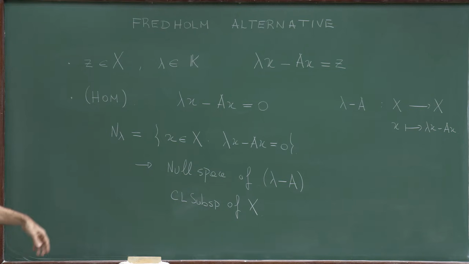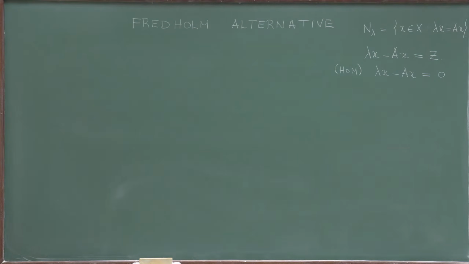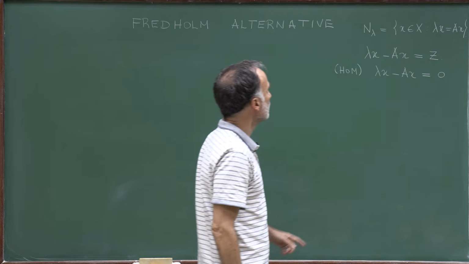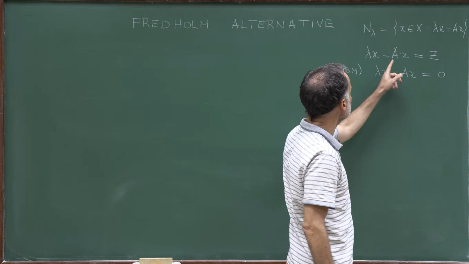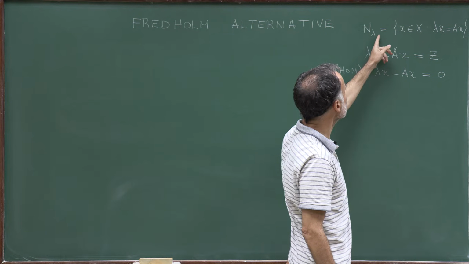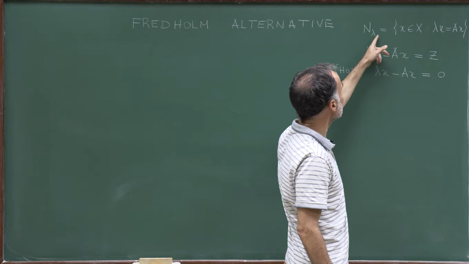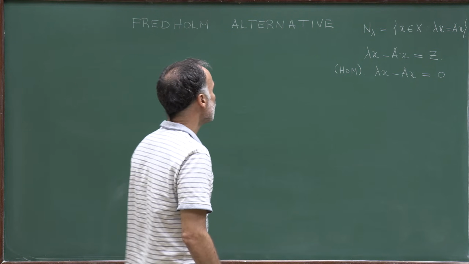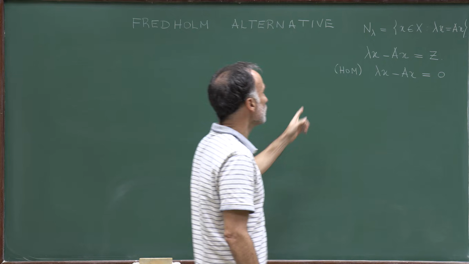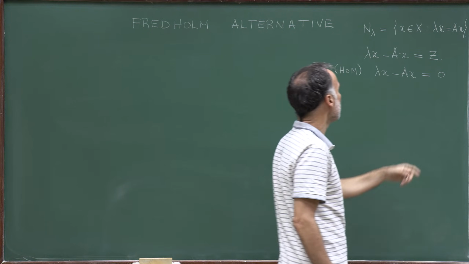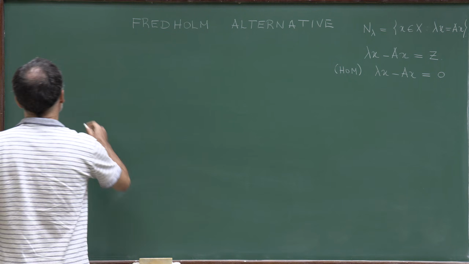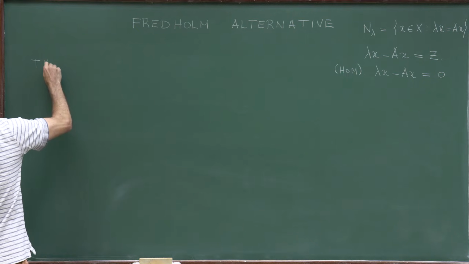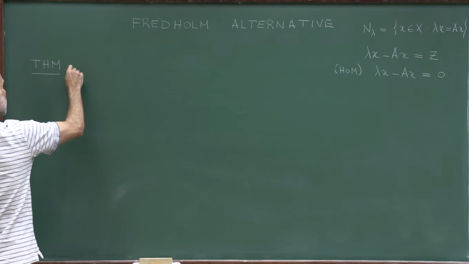So my next step will be to state the main theorem of this lecture and to prove it. I just recalled here that I'm interested in this equation. This is the homogeneous equation, and I introduced that space, which is a closed linear subspace of X, which corresponds to the null space of the operator lambda minus A. And the theorem, which I want to prove in this lecture, is the following.